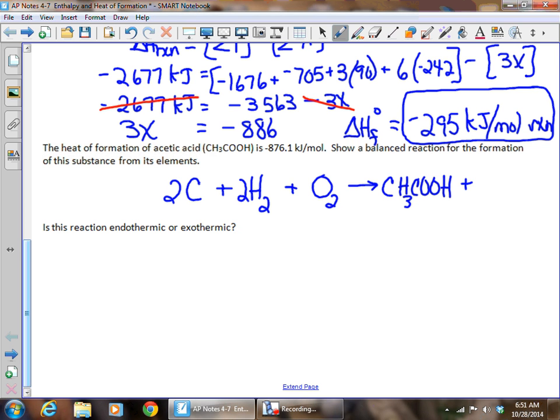That shows us it's being given off. So plus 876.1 kilojoules. Generally, they don't put the per mole on there in the chemical reaction. So is this reaction endothermic or exothermic? Well, because of that negative right there, we see that this is an exothermic reaction.